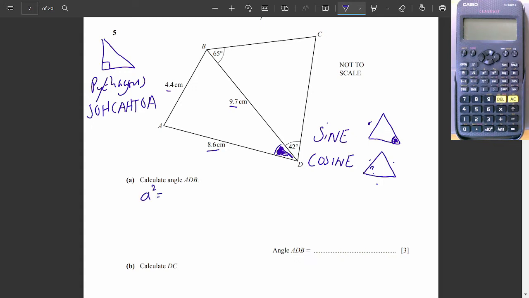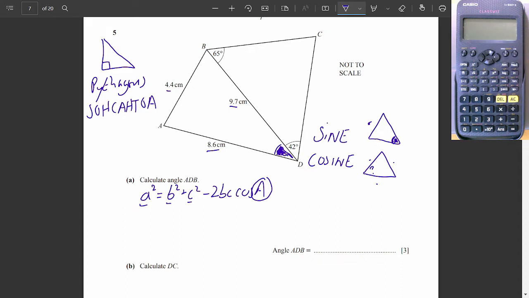A squared equals B squared plus C squared minus 2BC cos A. Working with 3 sides means we're going to have A, B, and C, and the angle is what we want to find out.